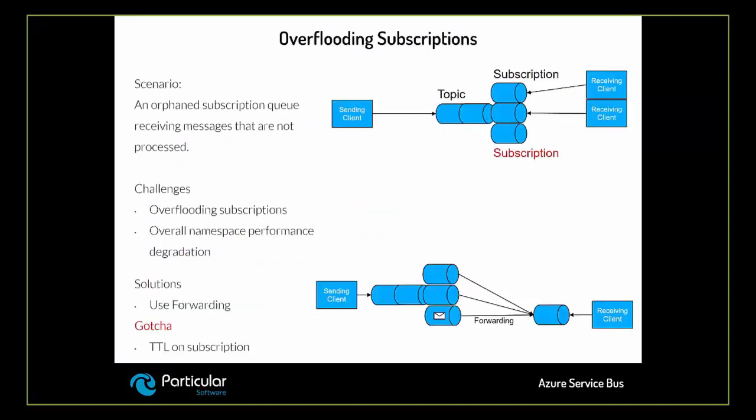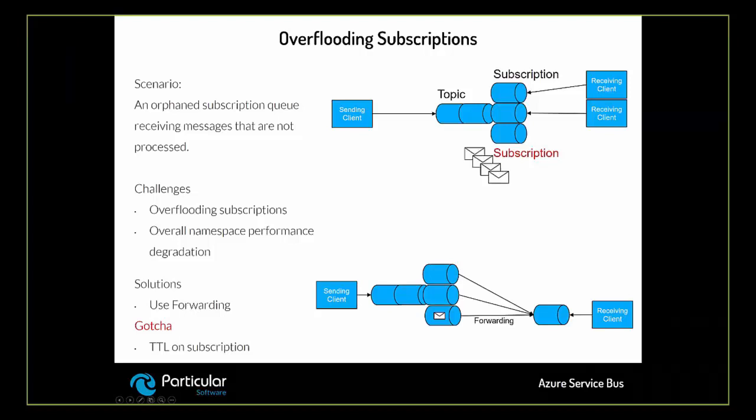Another example of a situation that needs to be taken into consideration with sending is overflooding entities. As an example, we take a subscription. Here we have a scenario where we have 3 different subscriptions on a topic, and one of the subscriptions is not monitored.